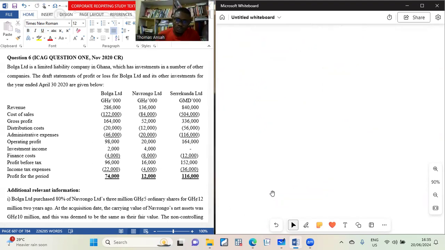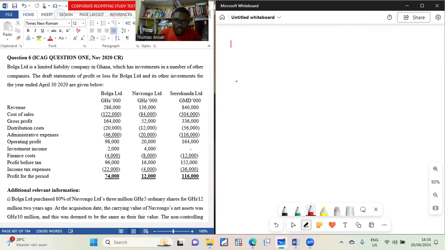So if I'm going to do this, I'm going to share the NCI profits. Then I'm going to do 20% for Navrongo, all right, multiply by his 12,000 into bracket 6/12 of that. So I'll get it from Navrongo.